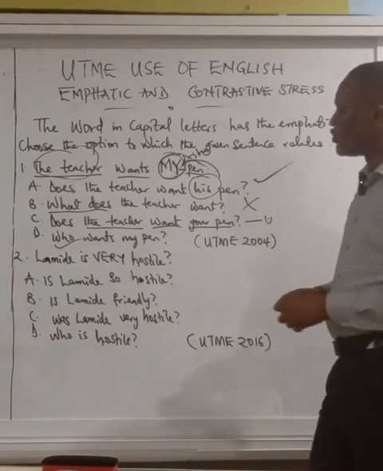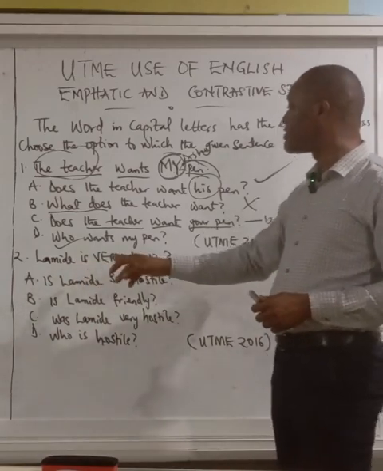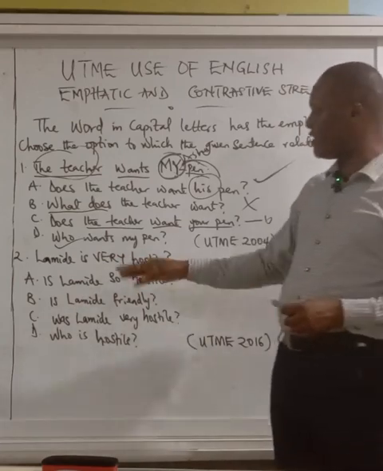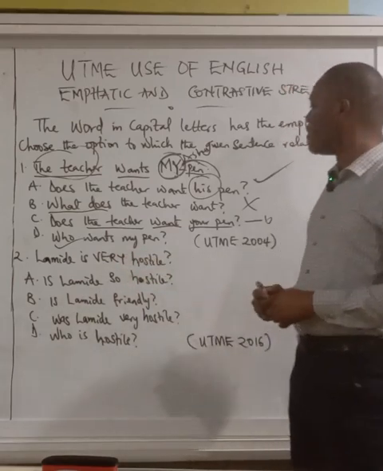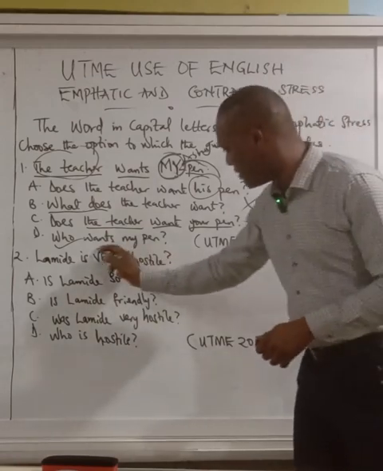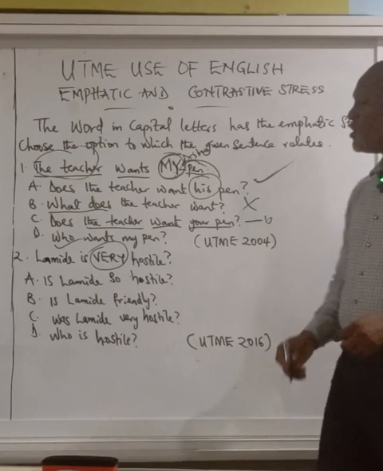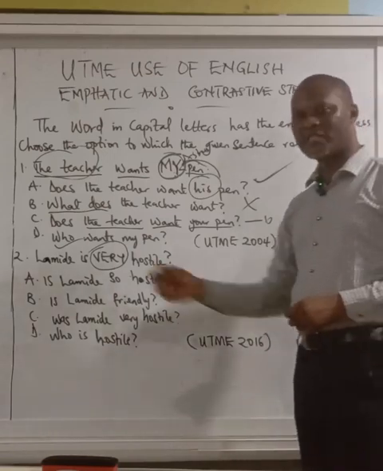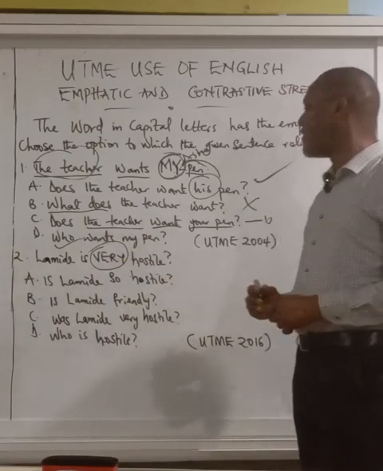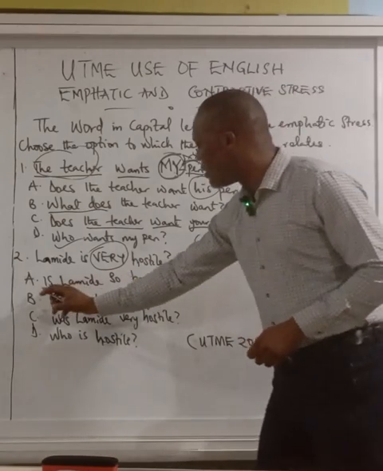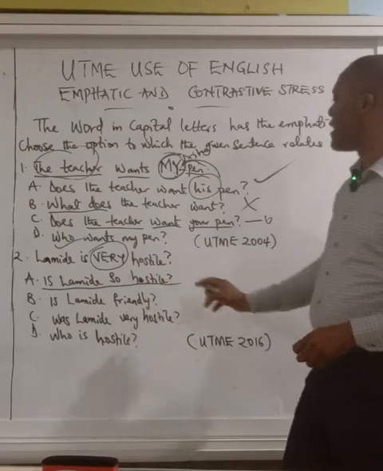Now, number two, Lamide is very hostile. Can you look at this? What is being emphasized here? Very. Lamide is hostile. How hostile is Lamide? Very hostile. Now, in this instance, this is just a question.